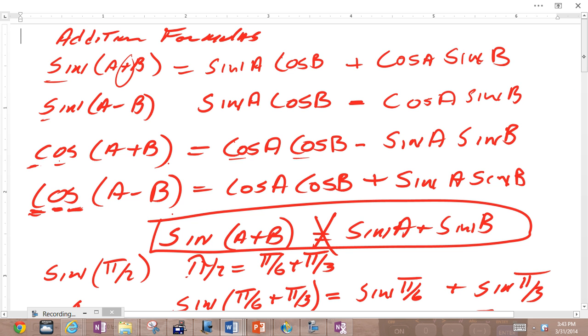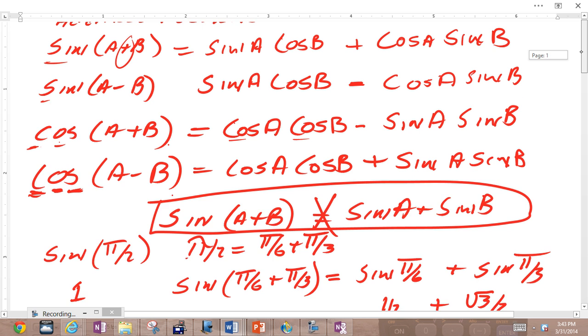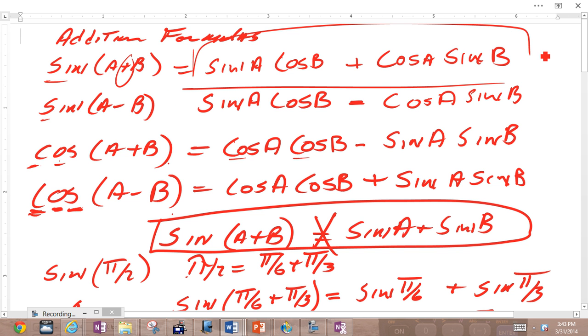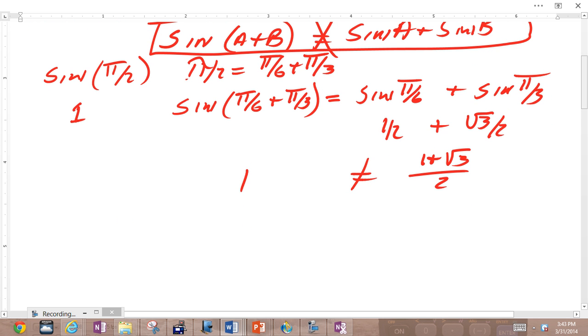All right, so now that we have these down here, we're going to illustrate that the sine of pi over 2, expressed as pi over 6 plus pi over 3, gives us that value of 1 using this identity. So here we go. Evaluate the sine of pi over 6 plus pi over 3.